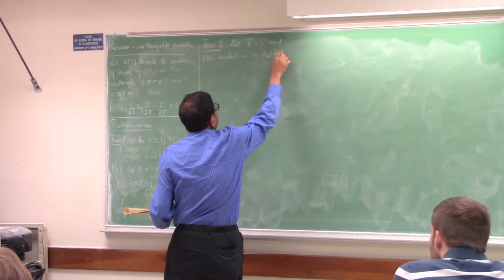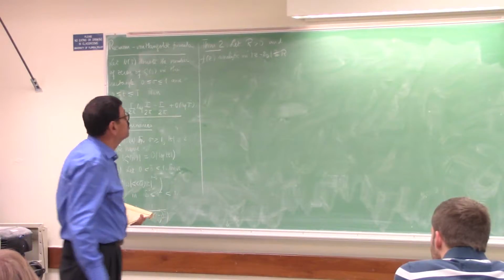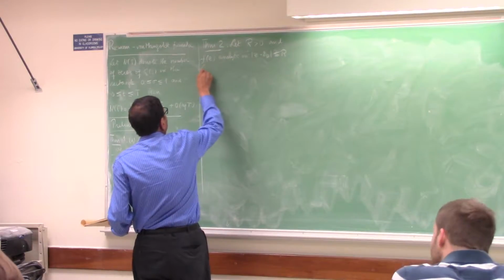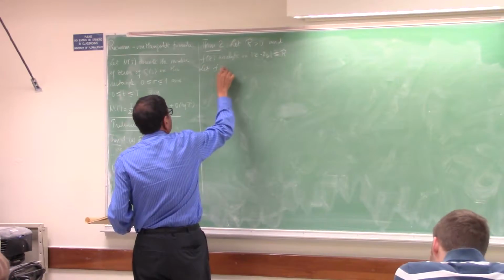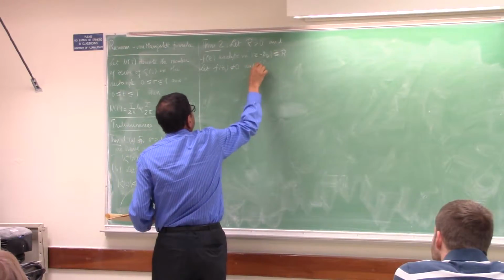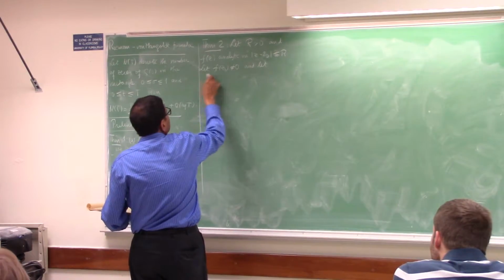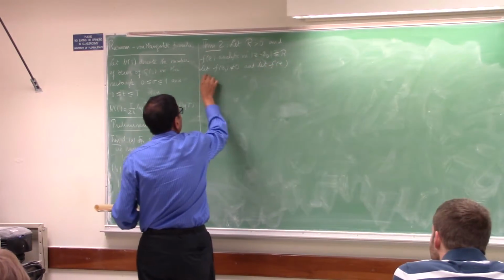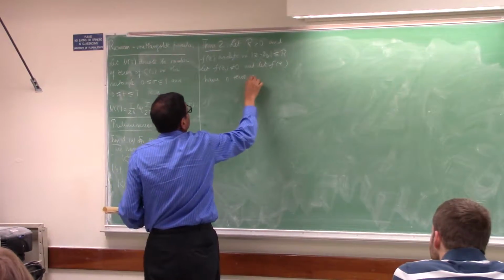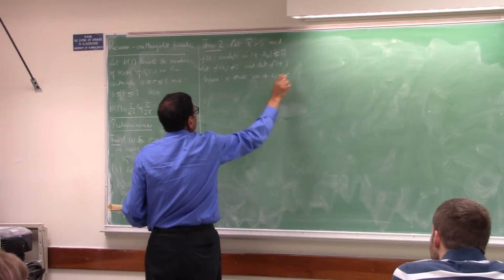We're going to apply it with a different z naught. But without loss of generality, we prove it with z naught equal to 0. So f(z) is analytic in |z − z0| less than or equal to R, and f(z0) is not equal to 0. And let f(z) have n zeros in |z − z0| less than or equal to r.